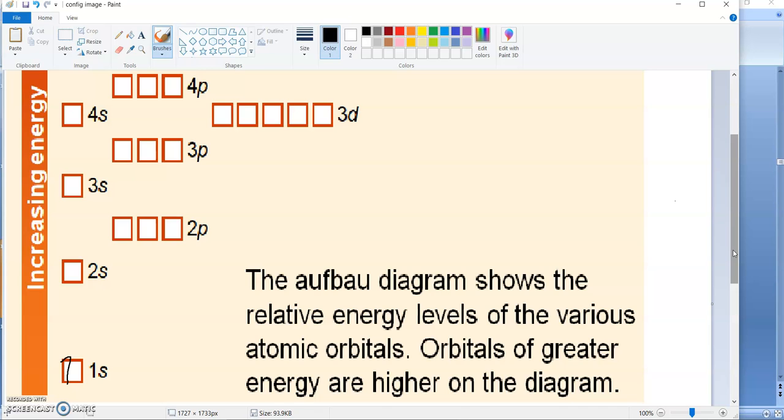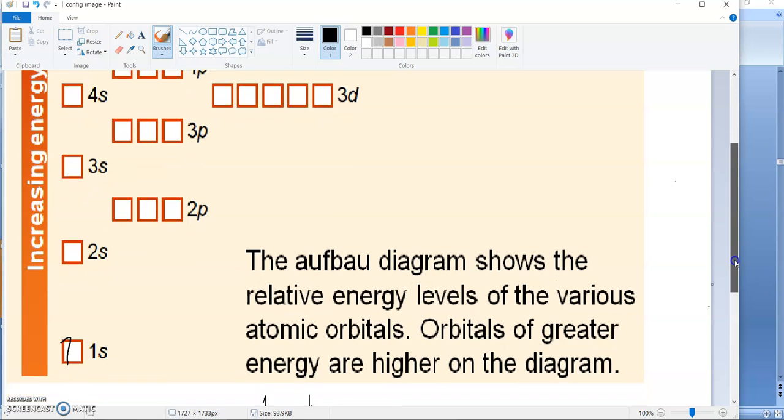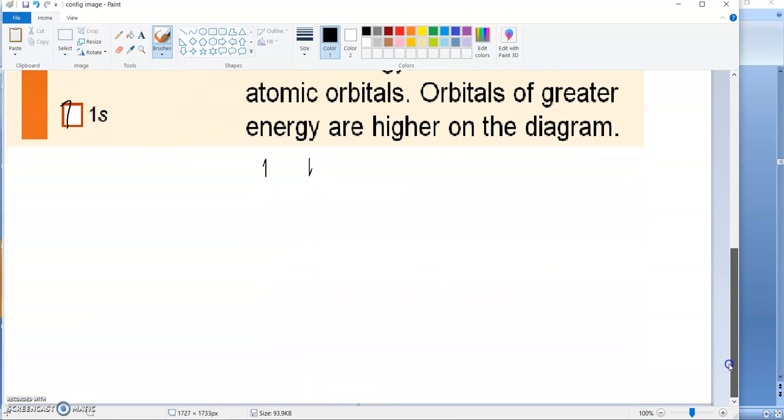And drawing this whole diagram is a little much for that, isn't it? So often what we'll do is we'll use a shorthand for this. And that shorthand is called an electron configuration. How we show it is, now for hydrogen, it's just that one electron that you can see up there. You say it's 1s, that's the level and sublevel you have, and then there's one electron in there. So you put that 1 as a superscript up here. Now, I know it looks like an exponent, 1s to the first power.